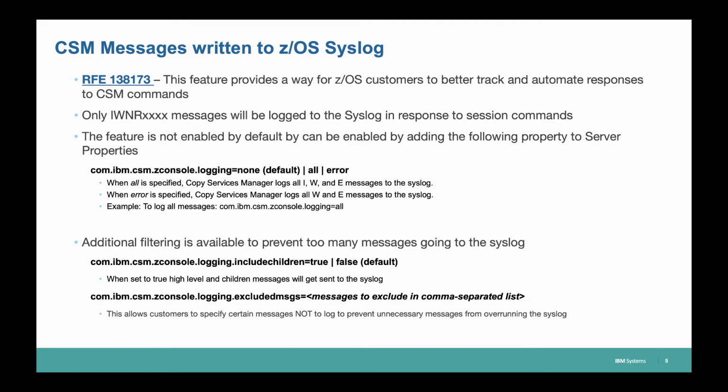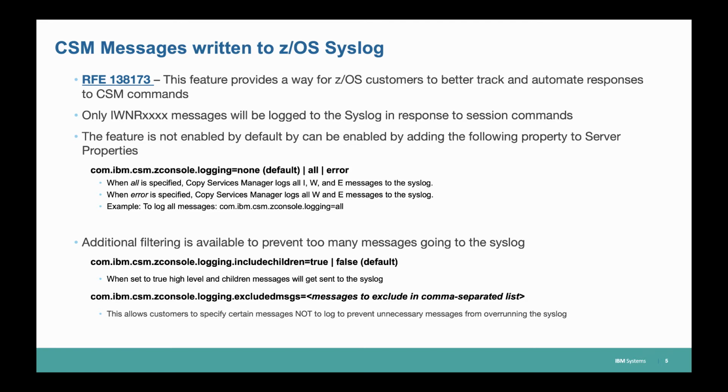We have a set of messages, some IWNH and some IWNG, but IWNR are the ones that are related to your sessions. So if you start a session, stop a session, recover, flash, whatever you're doing to a session, it's going to produce an IWNR message, and that's what we're going to be logging in the syslog. We felt that those were the majority of what you'd be looking for. We didn't want to overrun the syslog with unnecessary messages.